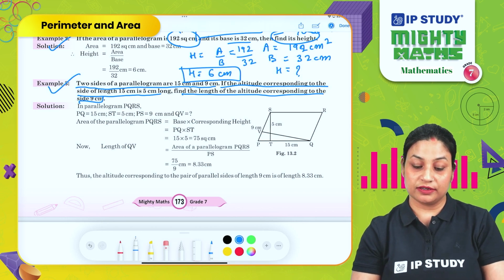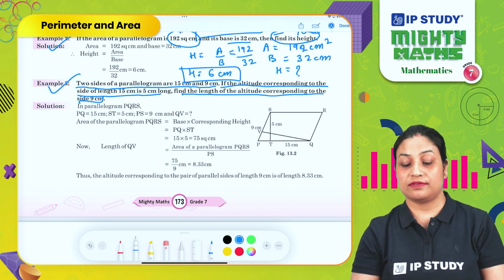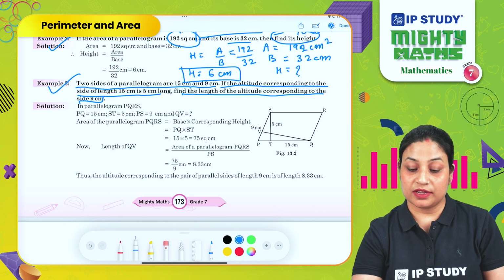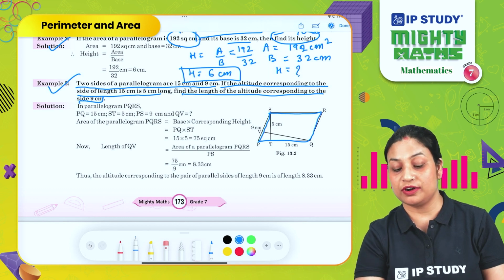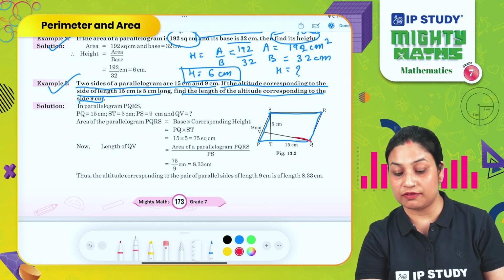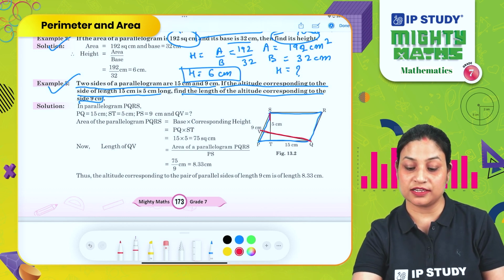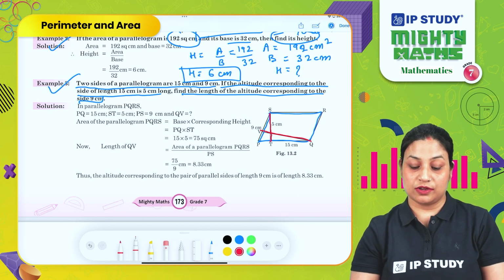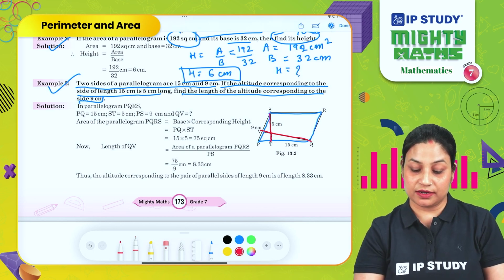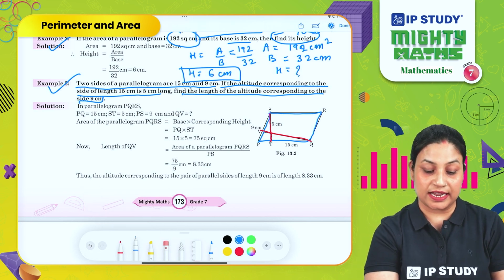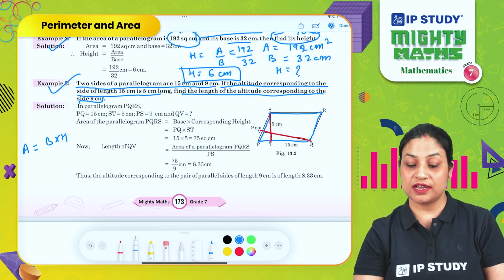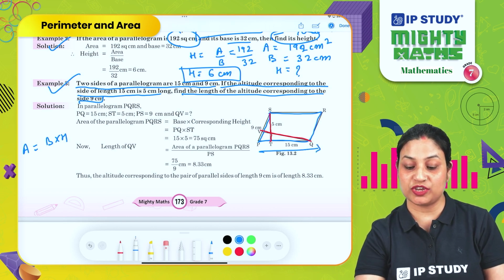So here students, how to solve this question? Let's explore this. Here we have this parallelogram, right? And we are given two altitudes. Let me take another color for this. This one and this one, right? So let me write the equation first. Here we know that area is given by base into height. Suppose I am taking this base first, PQ.